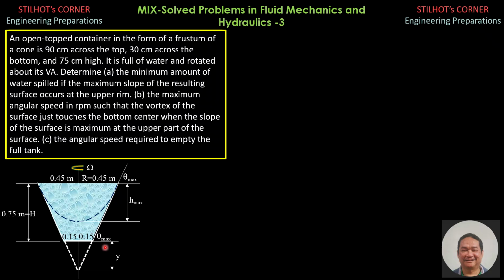And remember, the principle is the height here such that the slope is equal to this theta max is always half of the height of the cone. If there is no cone, then you have to extend it to form this cone. So from the preceding slides, this h max here is half of the total height of the cone.